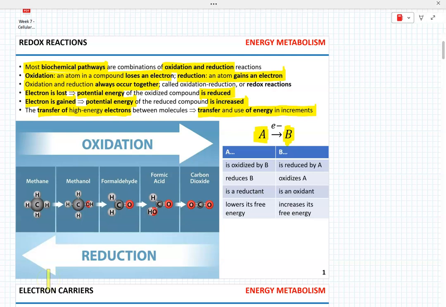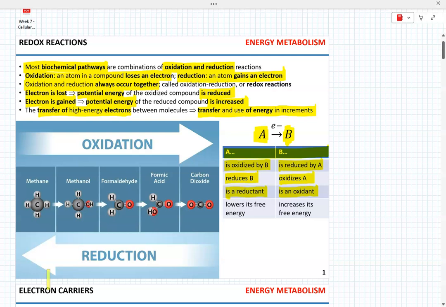In the reaction shown here, A is losing an electron, which means it is oxidized by B. B gains an electron, meaning that it is reduced by A. A functionally reduces B, while B oxidizes A. In this reaction, A serves as a reductant, and B serves as an oxidant.